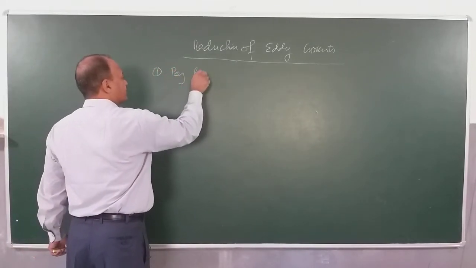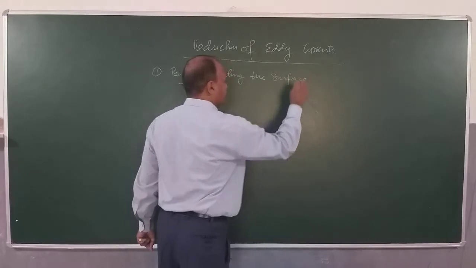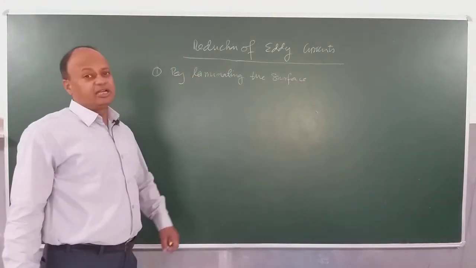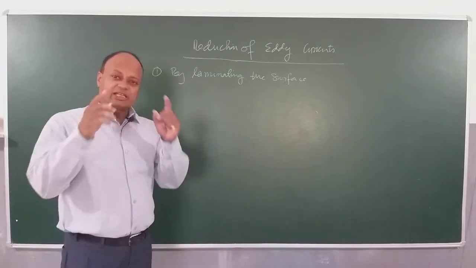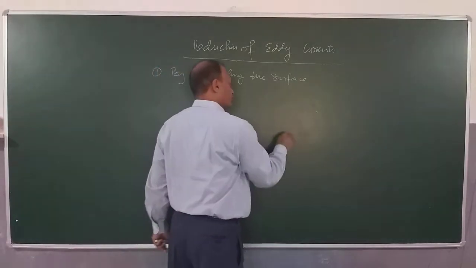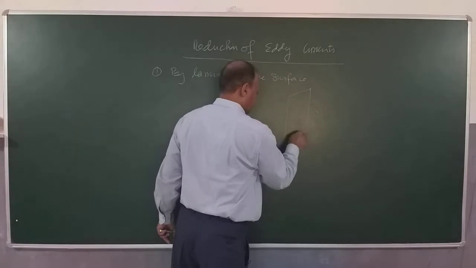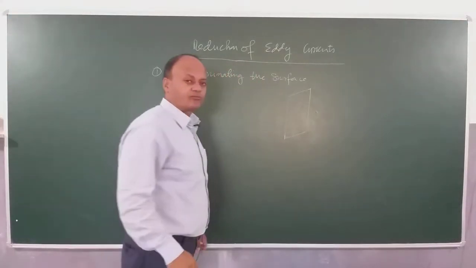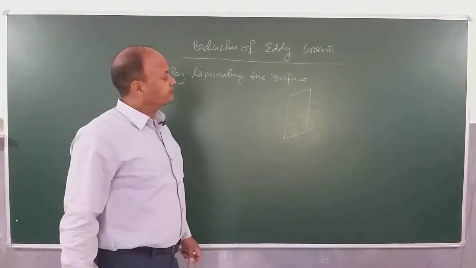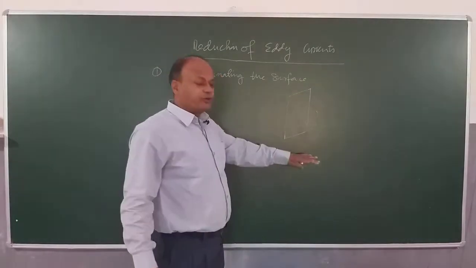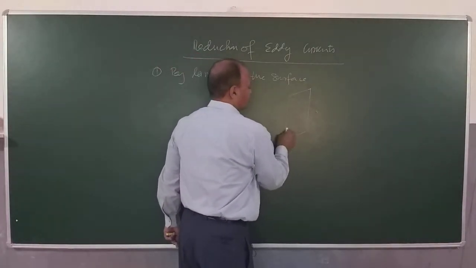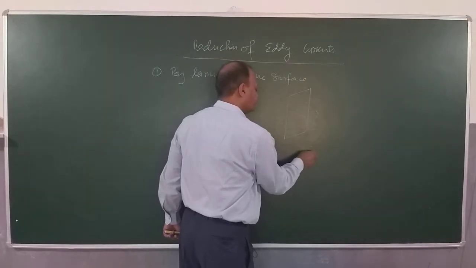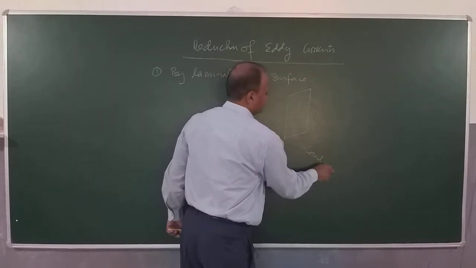So reduction of eddy currents can be done by laminating the surface. Now what is laminating the surface? Suppose this is a surface that I want to use for the core of a transformer. What I will do is put a coating here, a coating of sand and varnish.